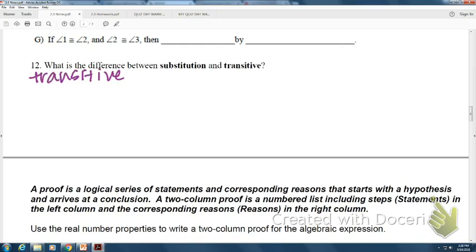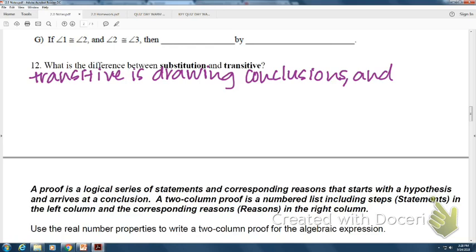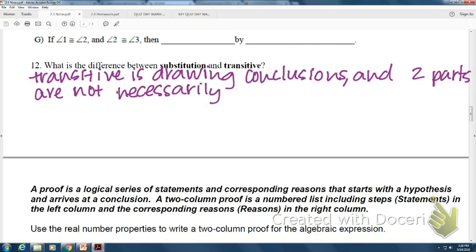Transitive is drawing conclusions, and two parts are not necessarily equal to each other right away.